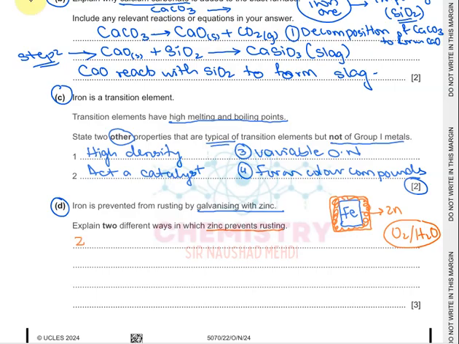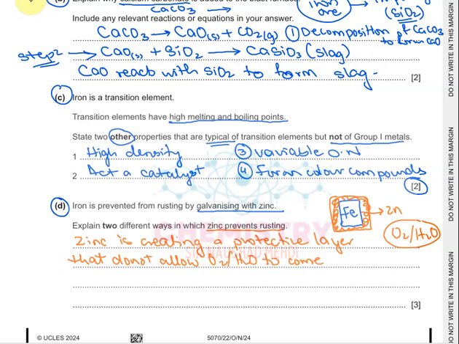So what basically is zinc doing? Zinc is creating a protective layer that does not allow oxygen or water to come in contact with iron.